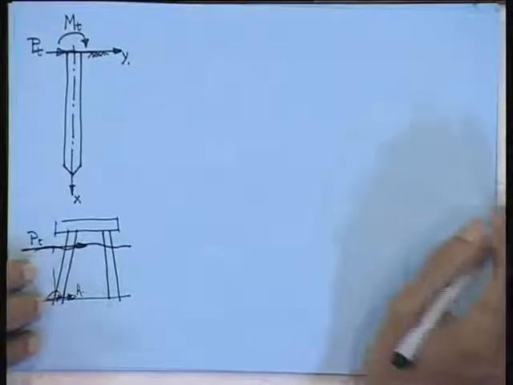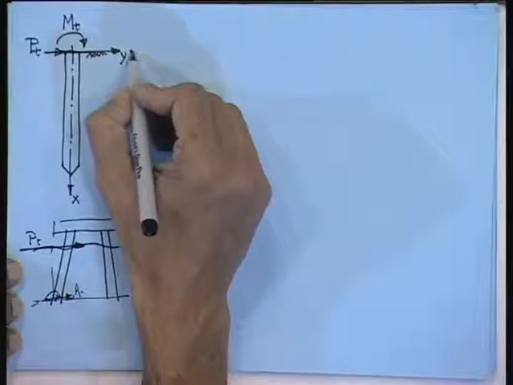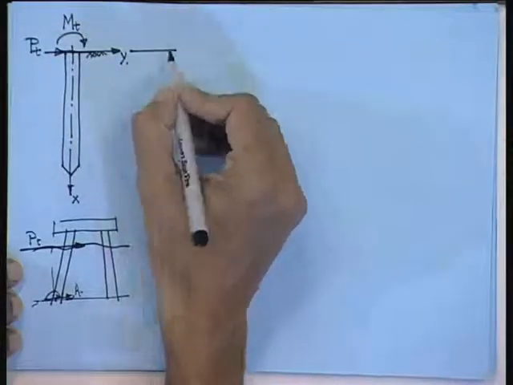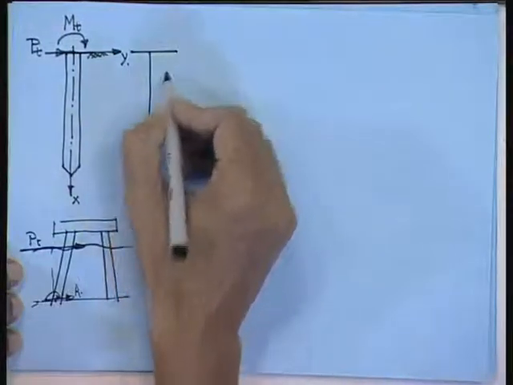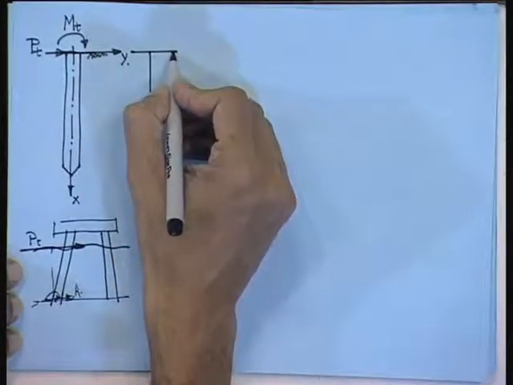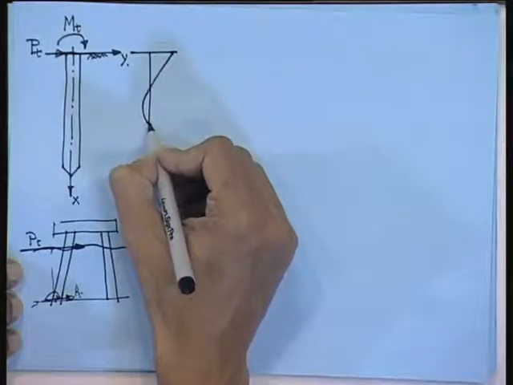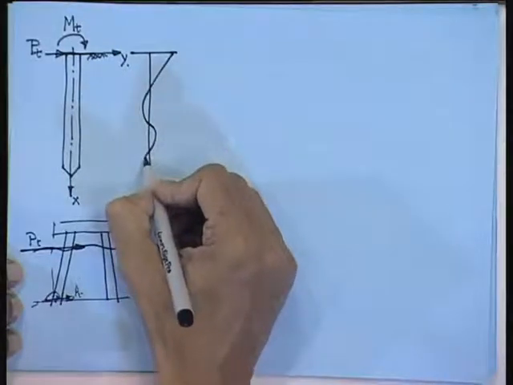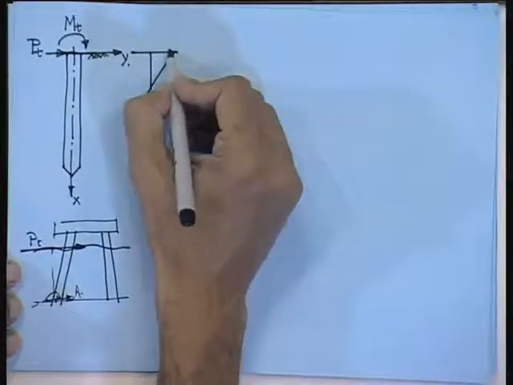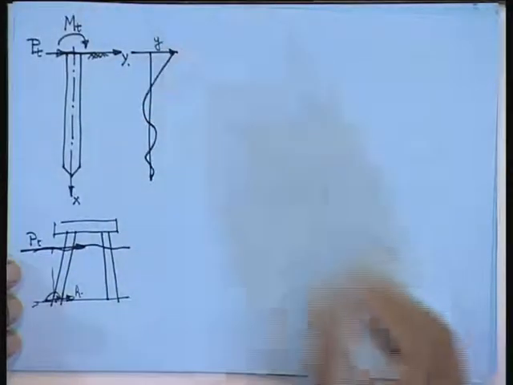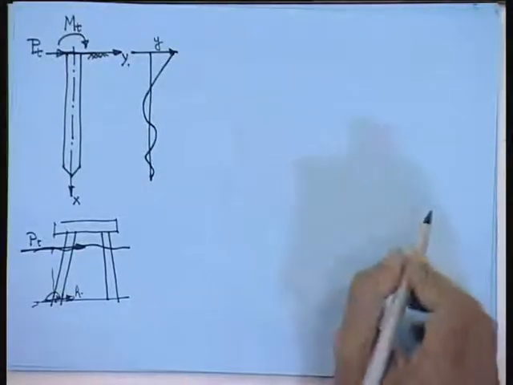Now you study your deflection. The deflected nature of the pile will be, I am just drawing one vertical line, okay. Now what we have to find out, your pile is going to bend like this. So this is your Y. Now in offshore there are two things.